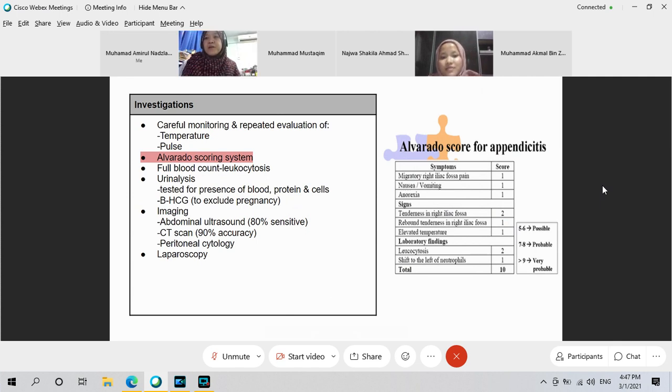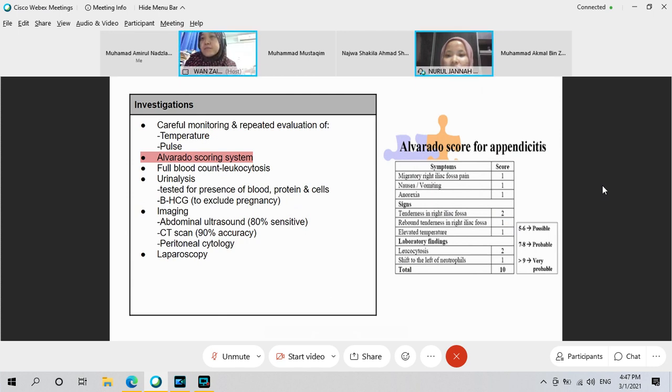So, why is migratory right iliac fossa pain very important? What is migratory right iliac fossa pain? Migrate.